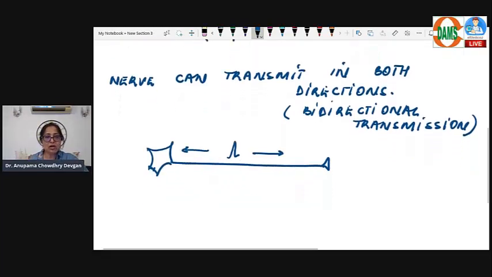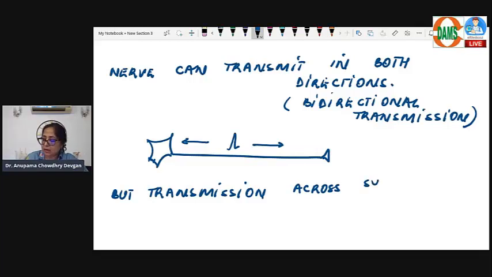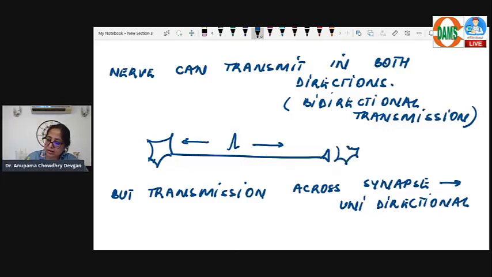But transmission across a synapse is going to be unidirectional. Yes, transmission across a synapse is unidirectional. A nerve can transmit in both directions, but transmission across the synapse is unidirectional.